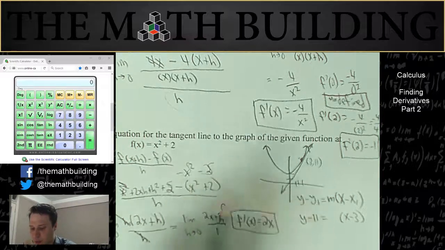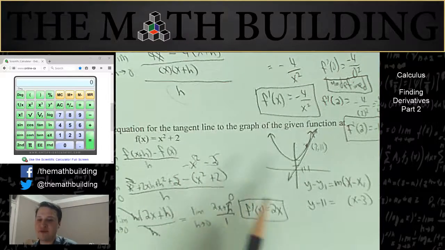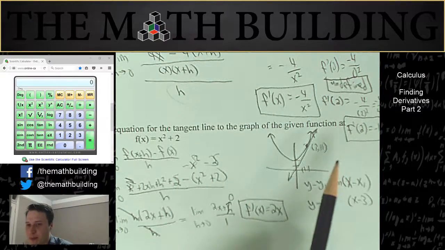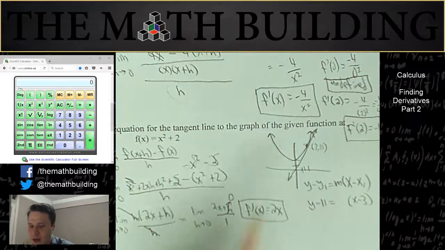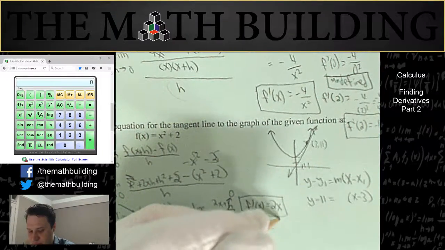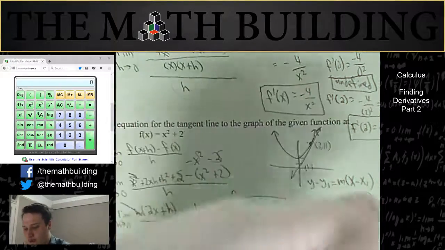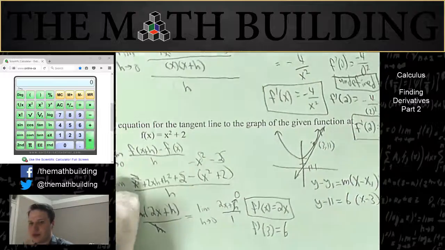So now what is the slope? Now remember, here's our slope formula, f prime of x equals 2x. So we're at the point 3, so I just plug in a 3 right there, and I get that f prime of 3 is equal to 2 times 3, which is equal to 6. So the slope of my line is going to be 6. Does that make sense?